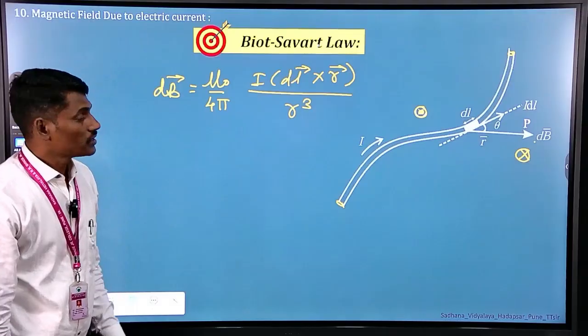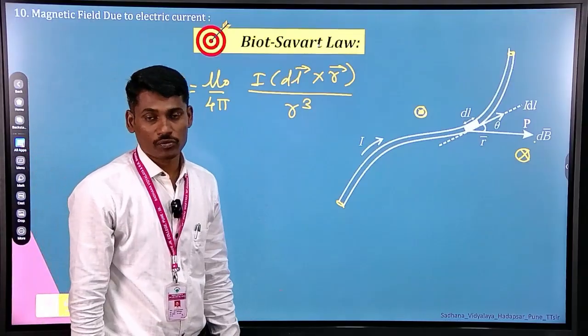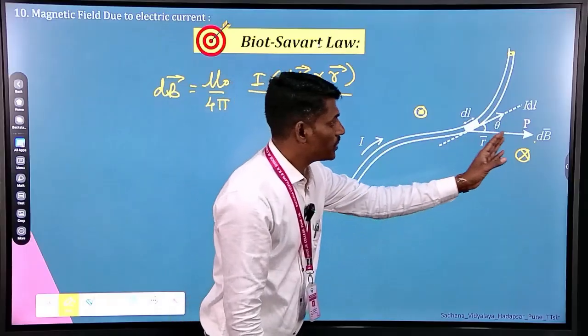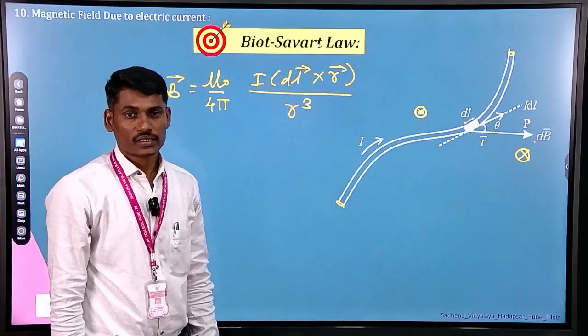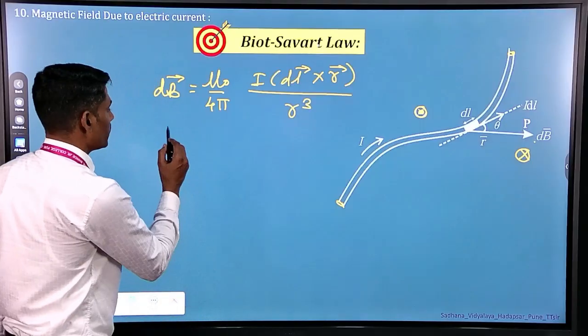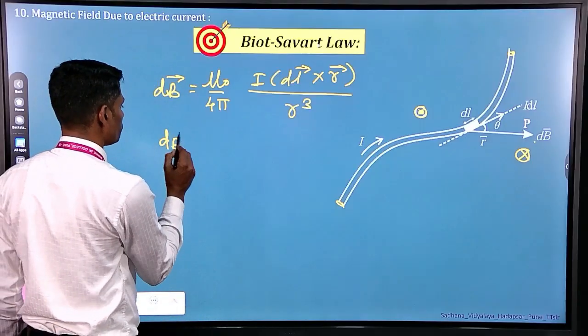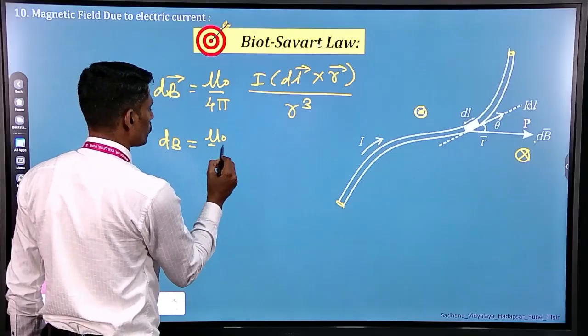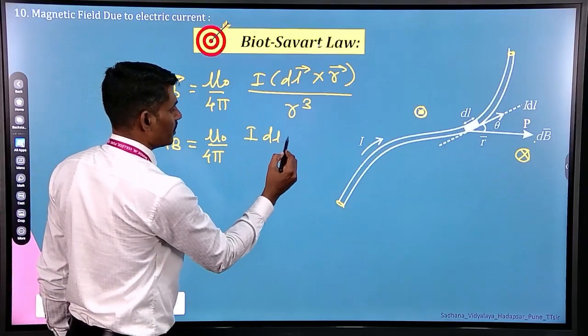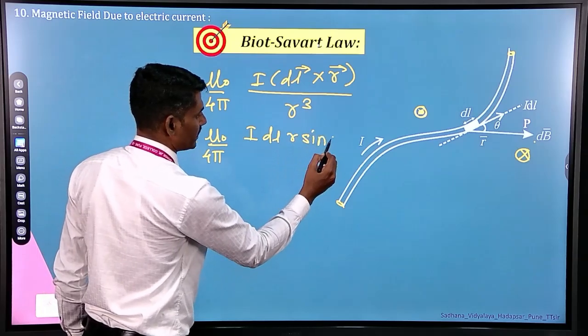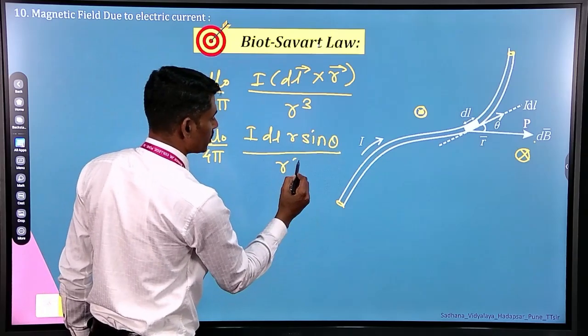And here the magnetic field is also inversely proportional to the distance of that point from the center of the small element dl, right? Now in magnitude here we get dB is equal to mu0 upon 4 pi, I dl r sin theta divided by r cube.